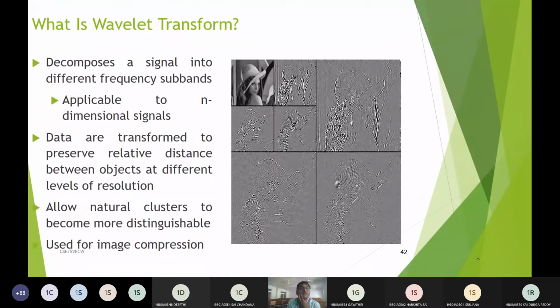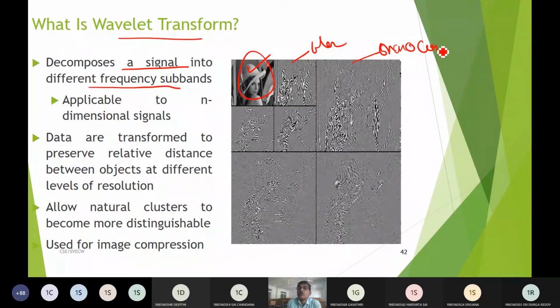So that is the first item. Second, what we can see here is the wavelet transformation. It is going to decompose the signal into different frequency subbands. Even with your photograph, you can have a blur or a monochrome version. Different photographs can be produced with different filters.